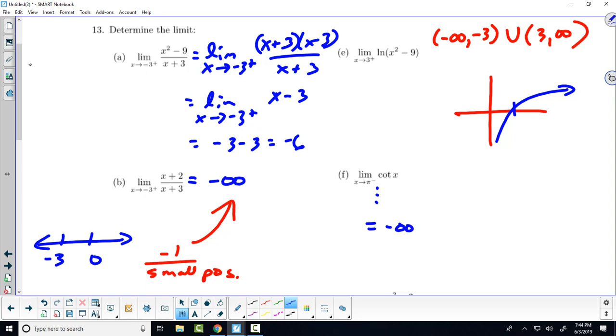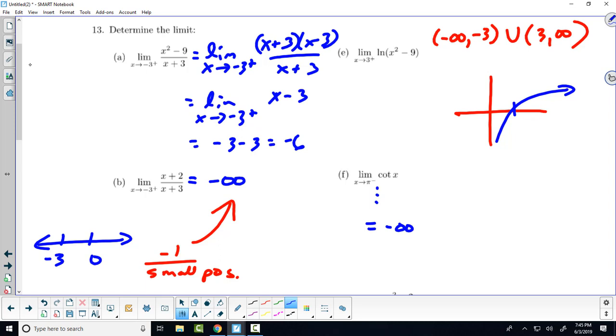Okay? So when I plug in something a little bit bigger than 3 and square it, what do I get? Something a little bit bigger than 9, correct? Like if I take 3.1 and square it, I get 9.01, I think. Okay?